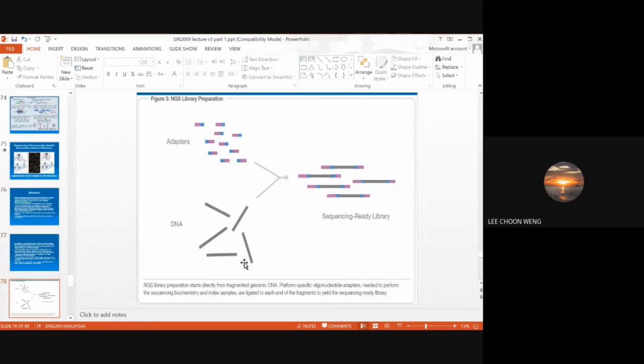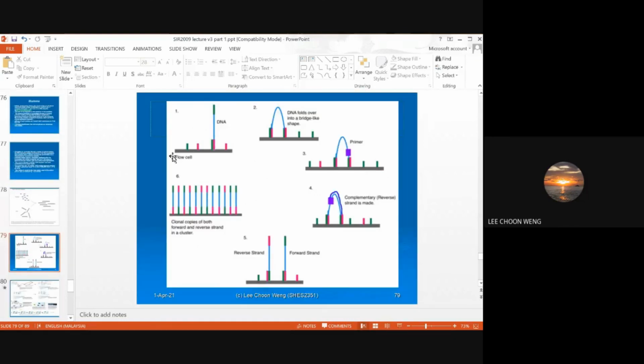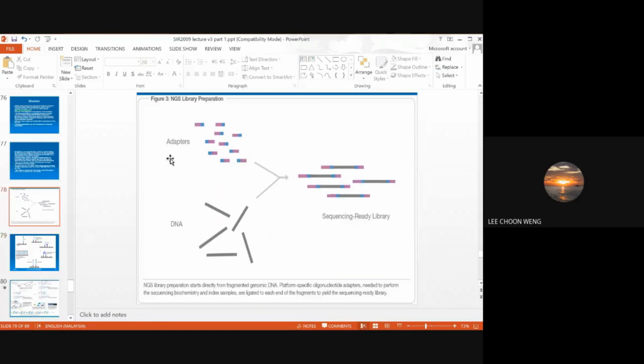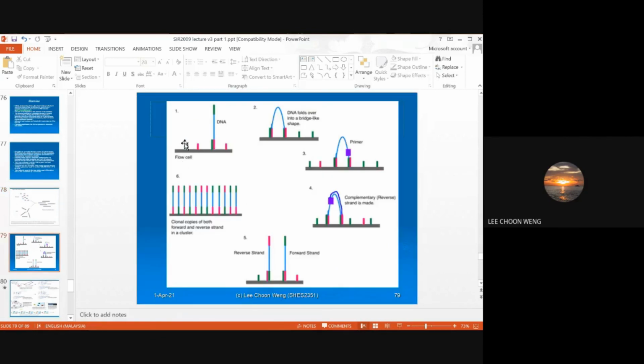Okay, so DNA fragmentation and then library preparation by adding adapters and linkers. Okay. So once you have your sequencing ready library, you have to run it through the flow cell, a glass type of platform, where the adapters will attach to the flow cell.